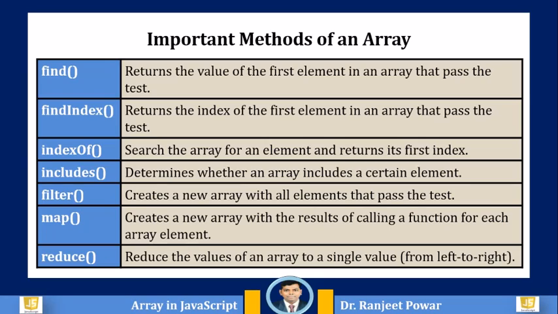Suppose we want the result as a sum of all elements of a numeric array, then the function with the reduce method will calculate the sum and return the value, that is, a single value sum of all elements. In the next part of the video, we will see how array methods are implemented through a JavaScript program.